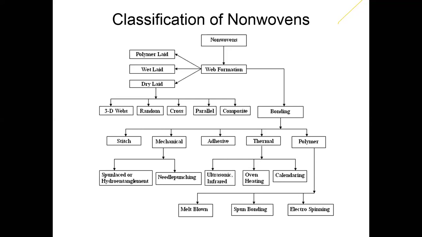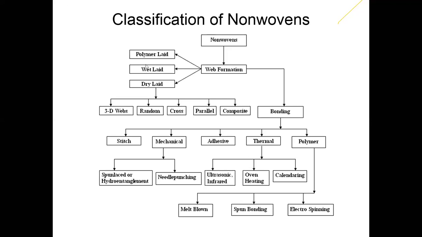There is more drafting in the filament. So melt blown non-wovens are very fine, and the arrangement is not in one direction, meaning it is not directionally oriented. They are randomly oriented. So melt blown non-wovens give you better filtration properties. That's why we use melt blown non-wovens in face masks.